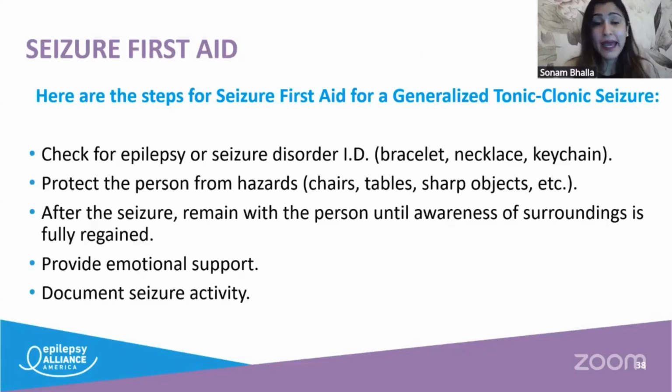Just provide care, essentially protect the person from any kind of hazard in their surroundings. So move them to a safe location. Provide the support, stay with the person till the person comes back to full awareness, or if there is additional help that's needed, you should be able to call for help. And then it's important to document how long the seizure lasted.